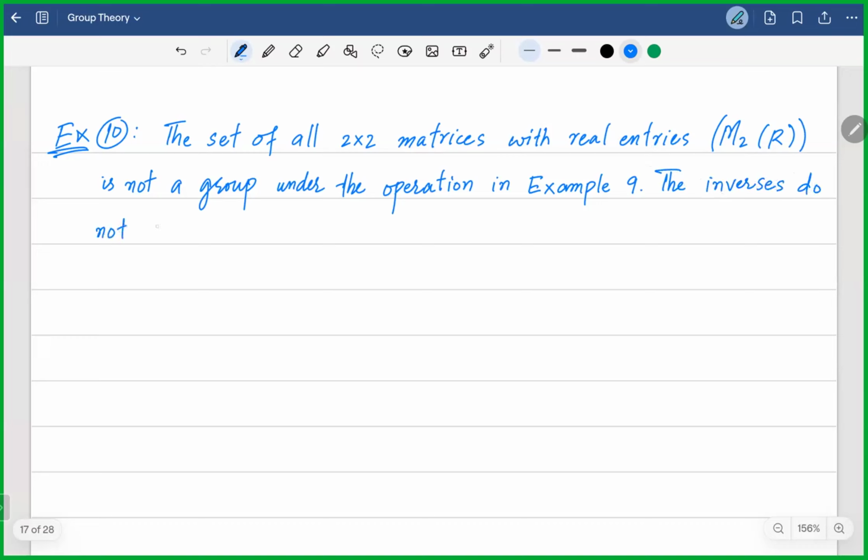Right. So for each n greater than 1, we define U of n to be the set of all positive integers less than n and relatively prime to n.